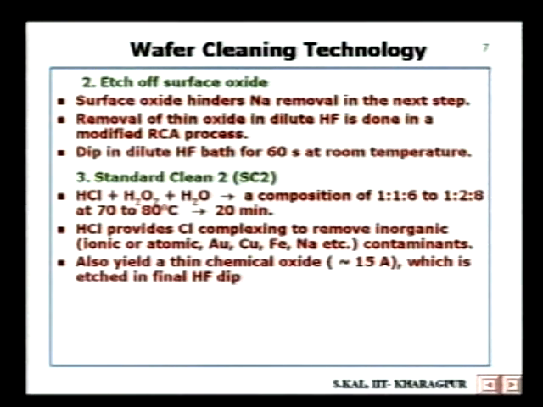So the total RCA process is a combination of 3 steps. The first step is known as SC1, standard clean 1. Next is the removal of the native oxide, and the third one is the standard clean 2, SC2 step.